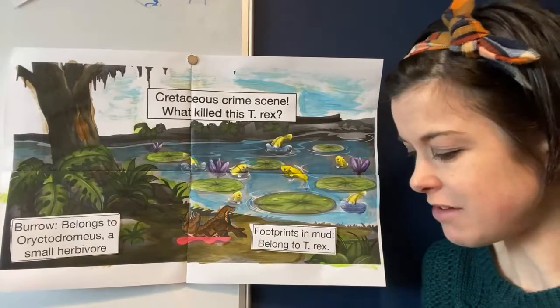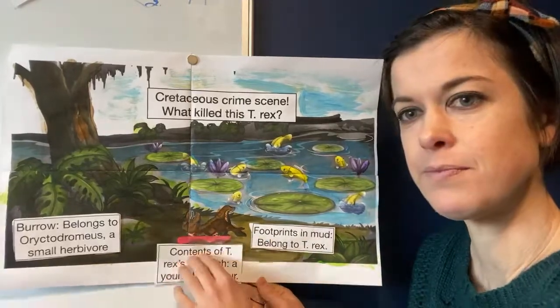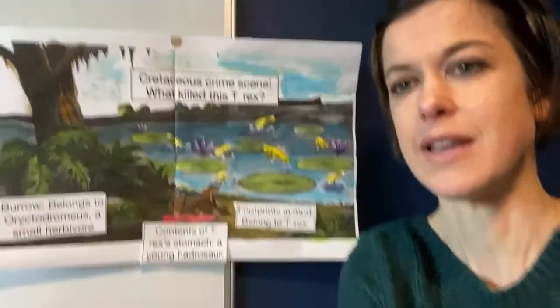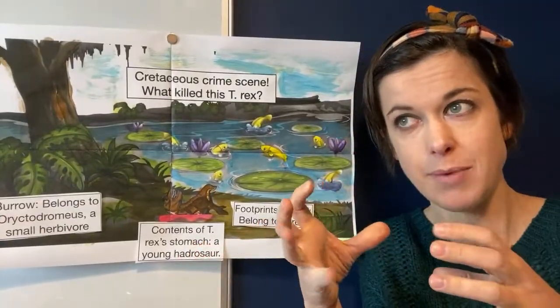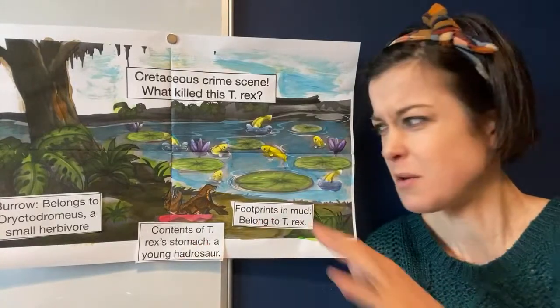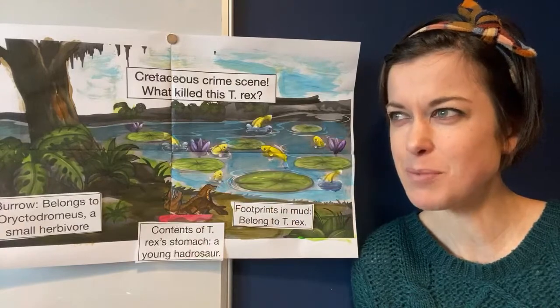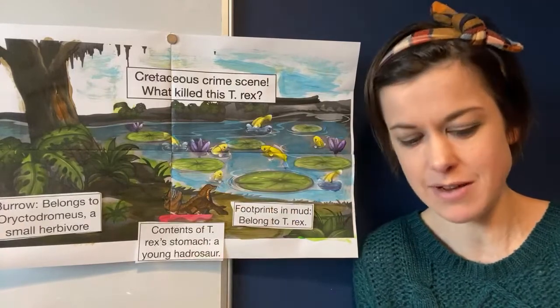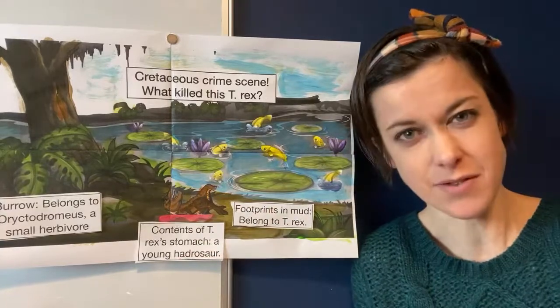In the T-Rex's stomach is a young hadrosaur. So that's a bit weird, isn't it? Because they have found hadrosaur bones that look like they've been damaged by acid. So it was the acid from the stomach of the T-Rex. So it's a bit weird, but I reckon because it was damaged by acid from the T-Rex's stomach, that dinosaur fossil would also count as a trace fossil for a T-Rex.